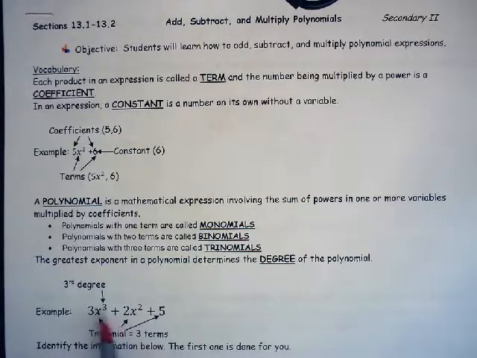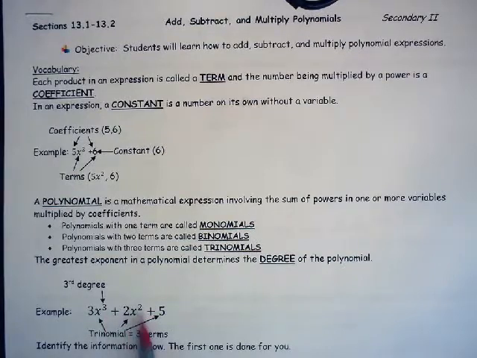This is a sum of powers here. I have an x cubed, an x squared, and I have a constant in one or more variables. We have one, the x variable, and it can be multiplied by coefficients. If there wasn't a 3 here, my coefficient would be 1 on this.